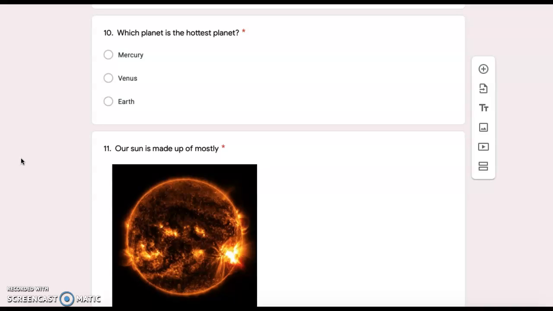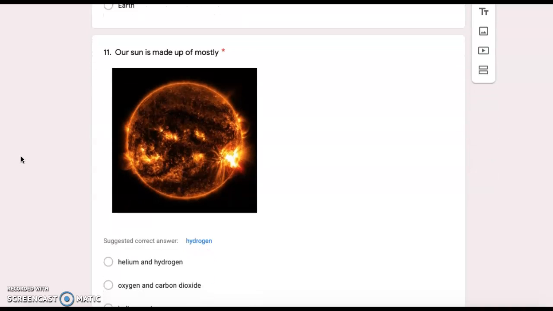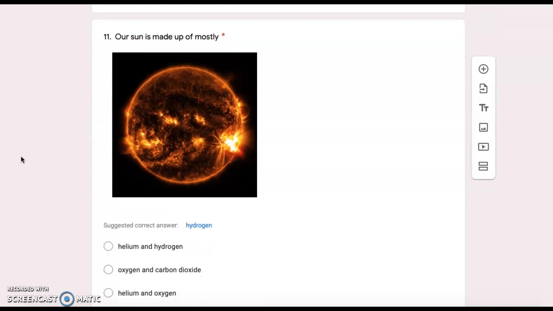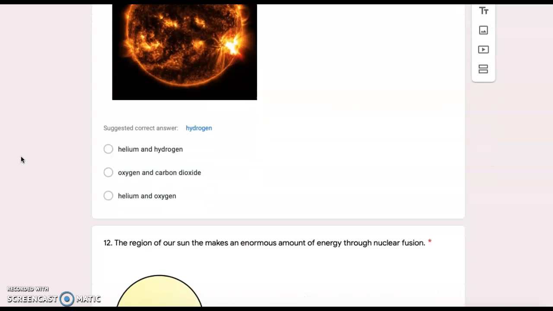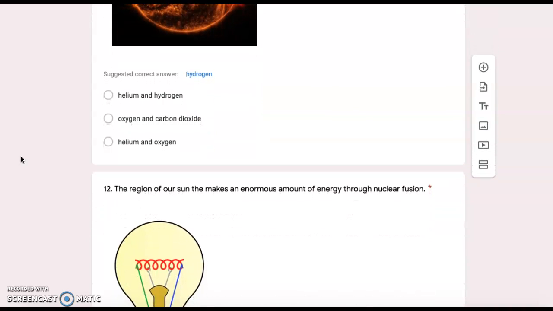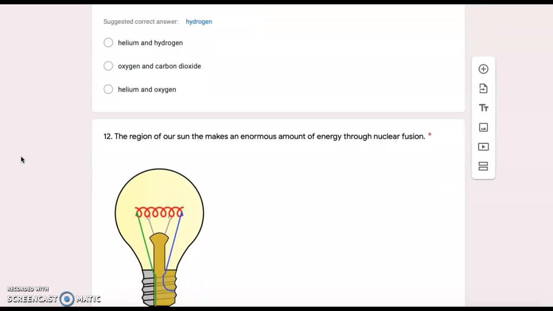Mercury, Venus, or Earth? Number 11. Our sun is made up mostly of helium and hydrogen, oxygen and carbon dioxide, or helium and oxygen.